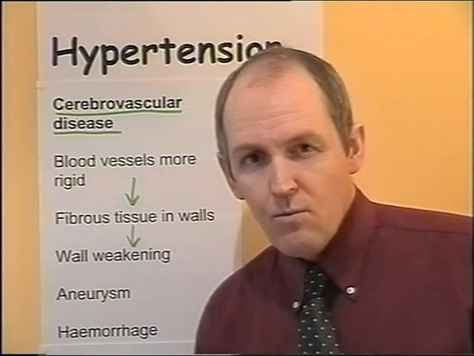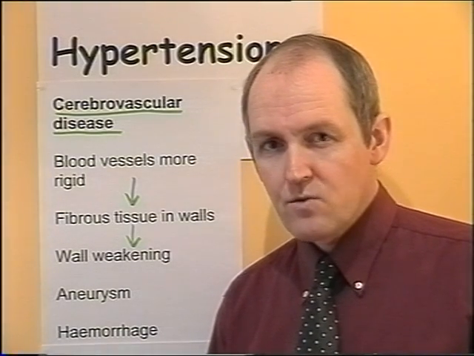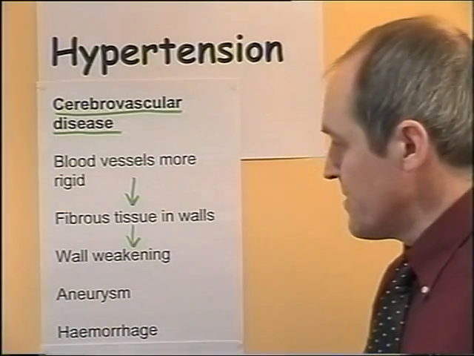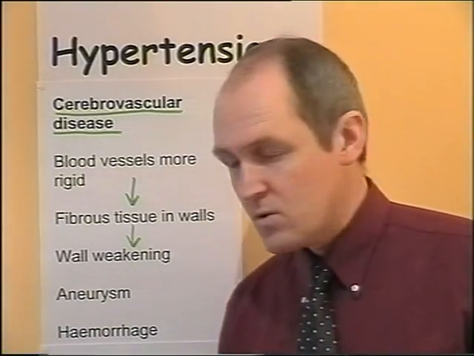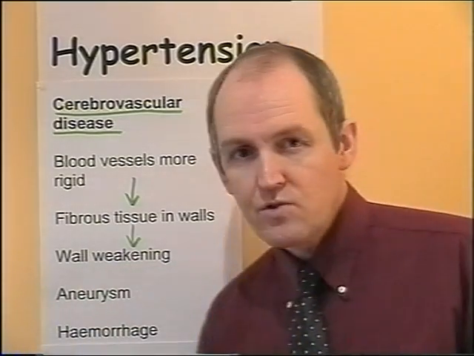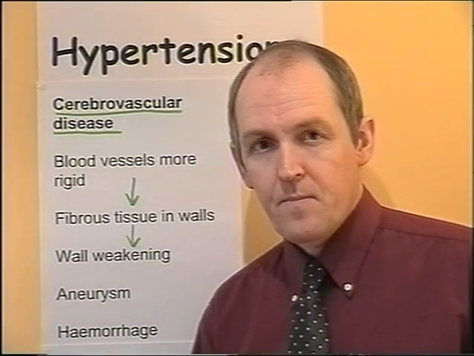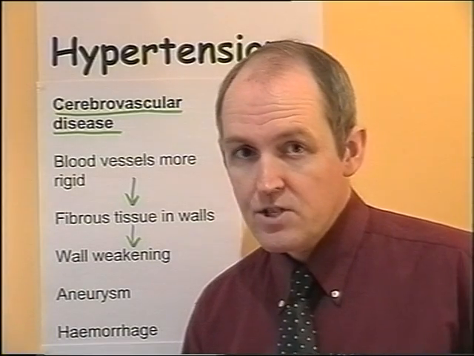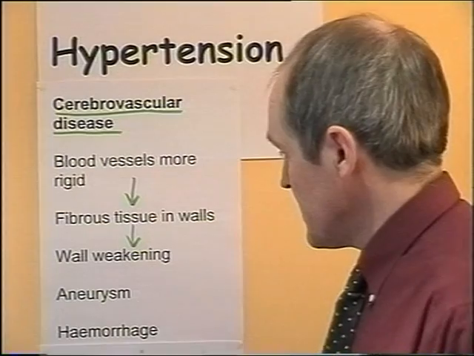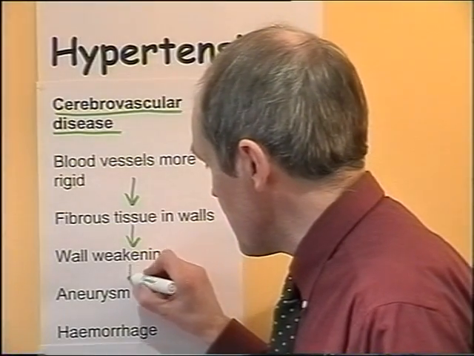And this means the normal tissues which make up the vessel walls are partly lost as collagen and fibrin infiltrates the walls. So not surprisingly, the vessel walls will weaken. And an aneurysm, of course, is a weakness in the wall of a blood vessel. So aneurysms can form.